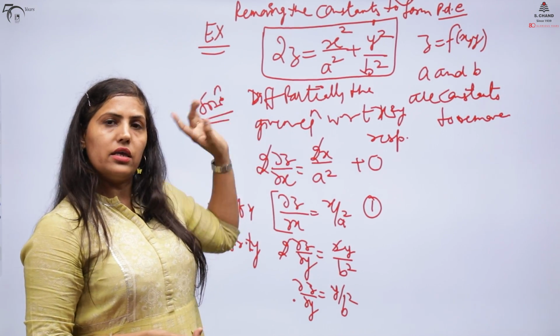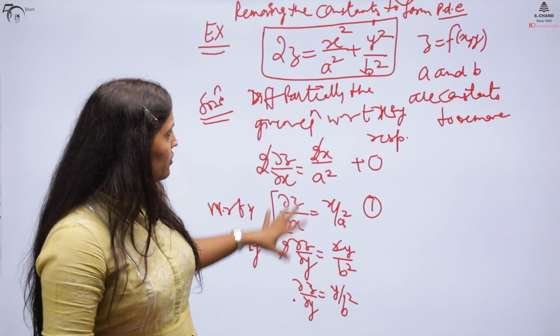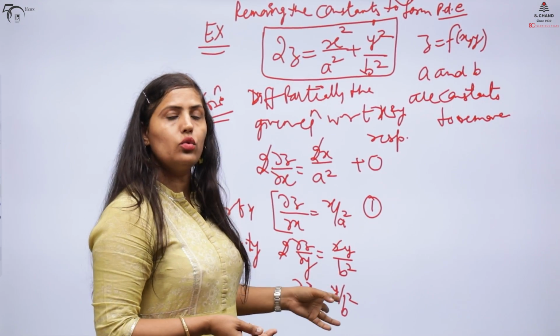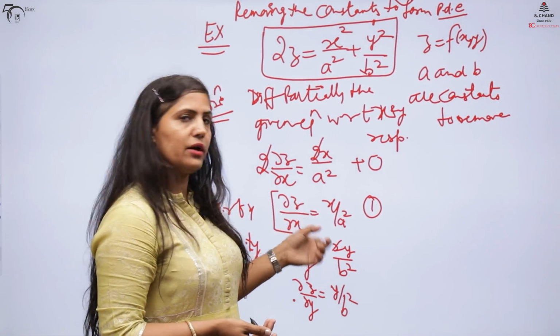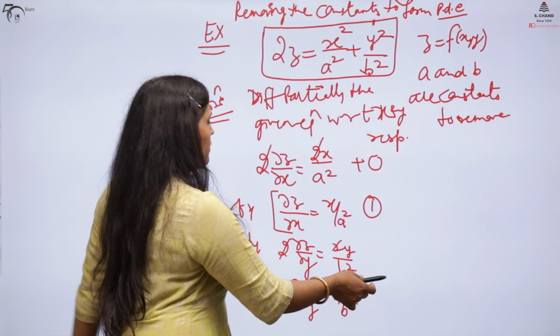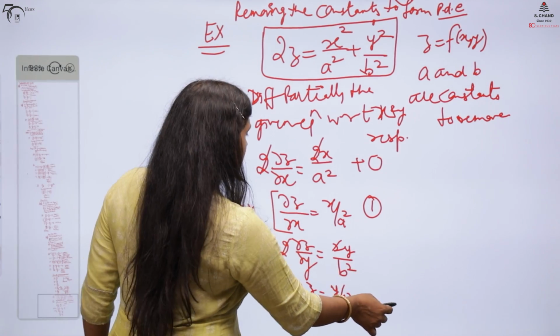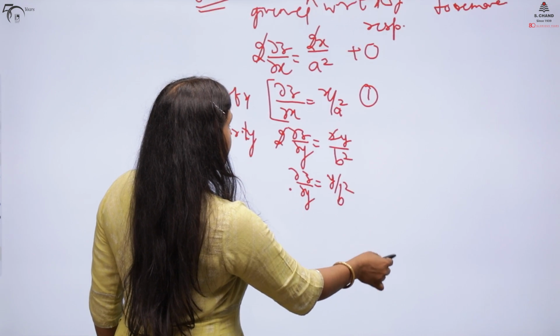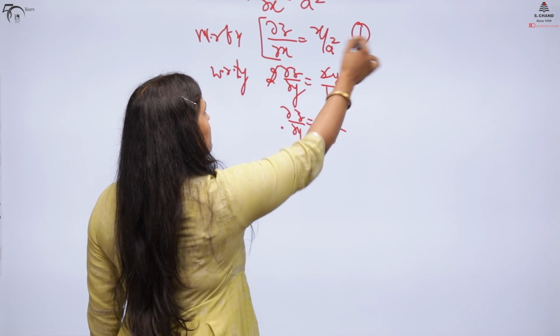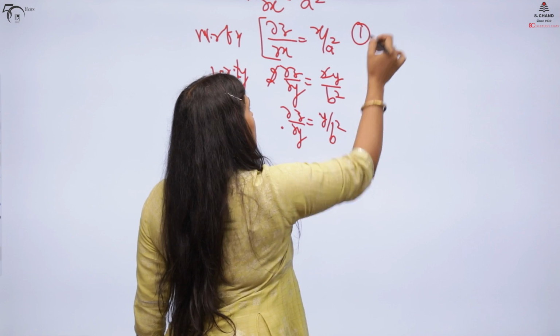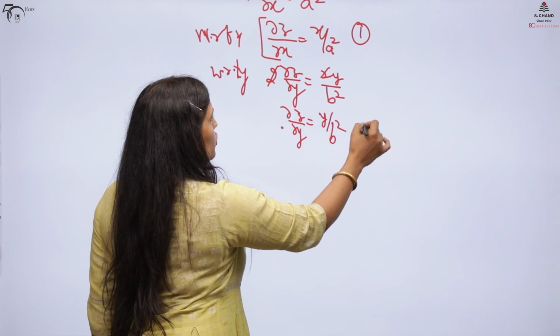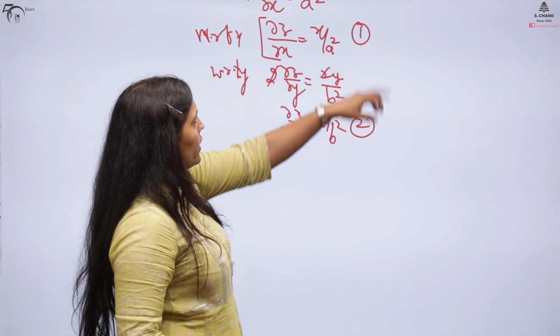So, these three equations, the given equation and the two partial derivatives with respect to x and y, are sufficient. I just write this as number 2 and this as 1.